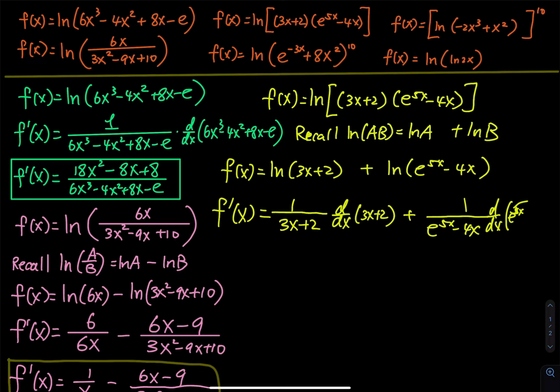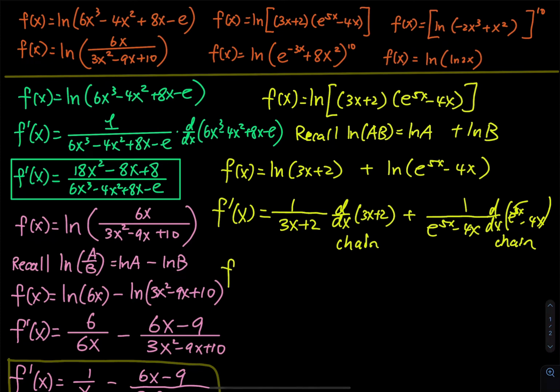That looks like 5 minus 4x. So this is a chain rule, and this is a chain rule. But I prefer to just do this in one step. Like I said, you are supposed to be very familiar with the chain rule at this point. If you cannot do chain rules at all, or you miss the chain rule all the time, you have to go back to my previous video regarding chain rule.